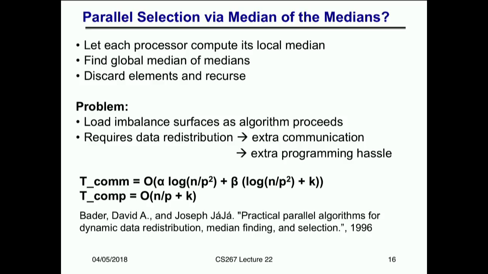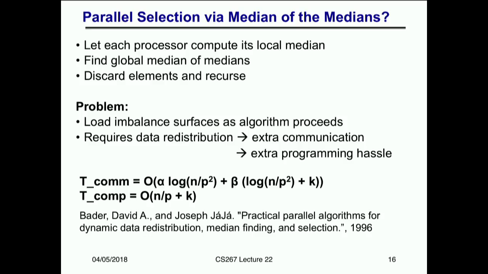Somehow, with a method that I haven't described, I found the global median and partitioned each processor's data into 2 groups, and they will continue in their subgroup, right? Now, nothing in this tells me how these local lists are going to be partitioned. In one processor, they might be recursing only on a leftover of 5 elements. The other might be 95 elements out of 100. So that will create a significant load imbalance, and you would require data redistribution to correct the load imbalance.